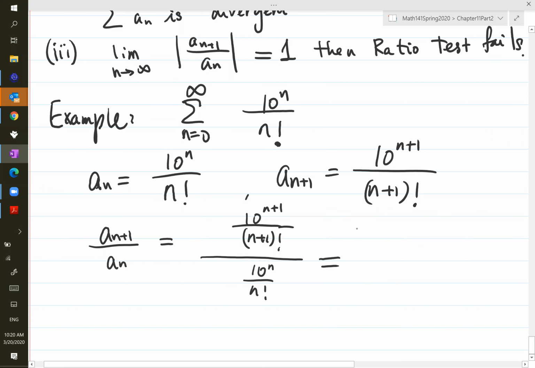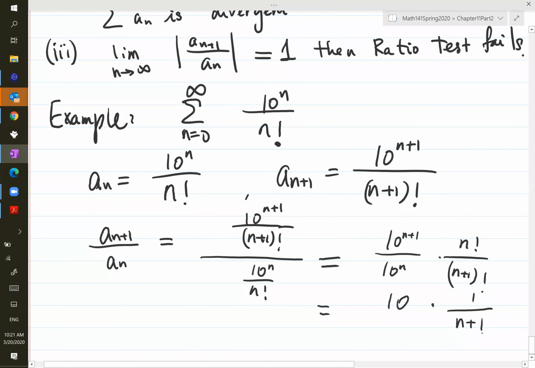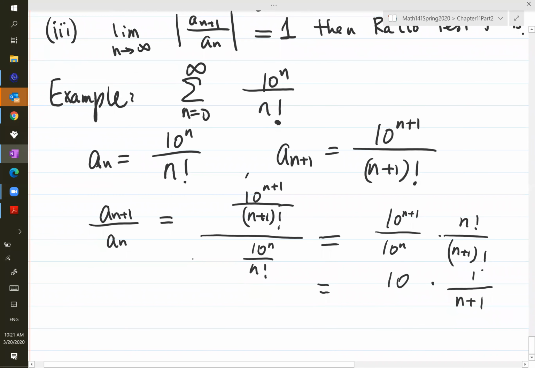Doing the algebra, 10 to the n plus 1 over 10 to the n gives 10, and n factorial over (n plus 1) factorial gives 1 over n plus 1. So this will be 10 over n plus 1.